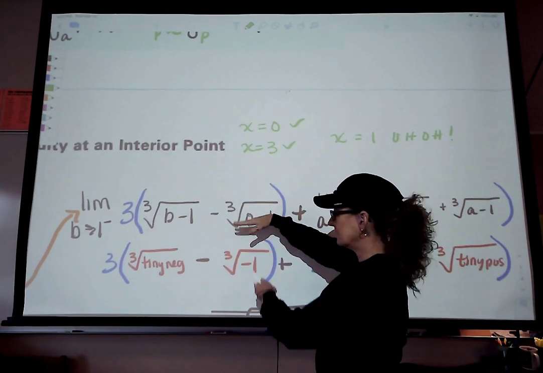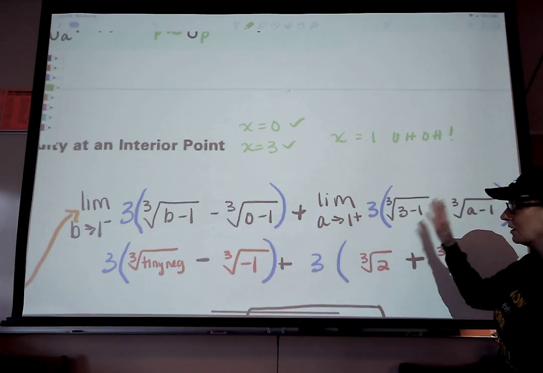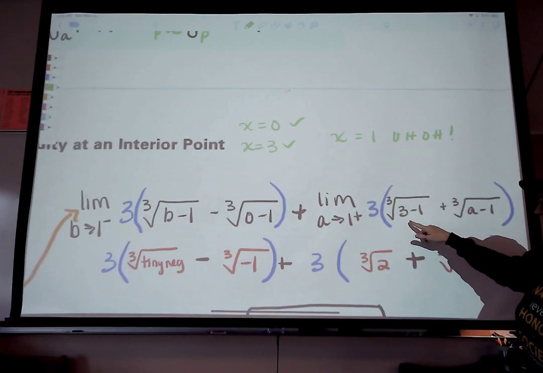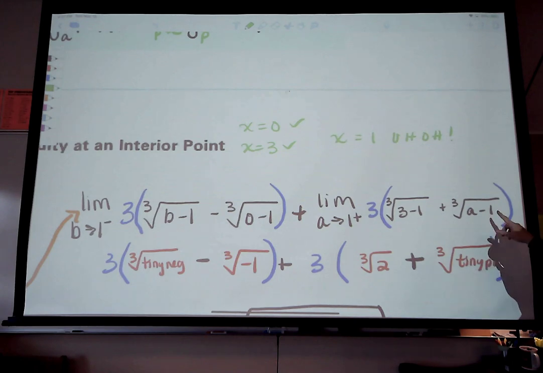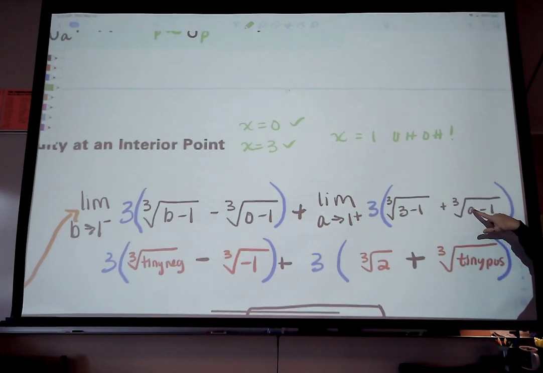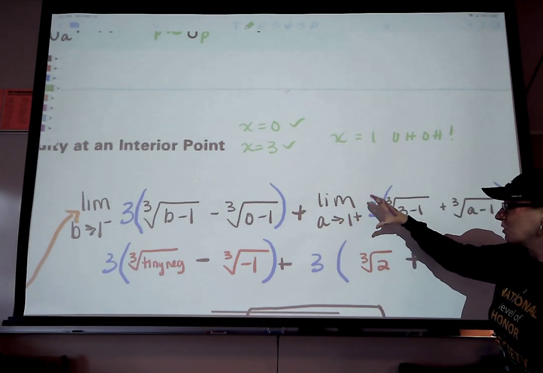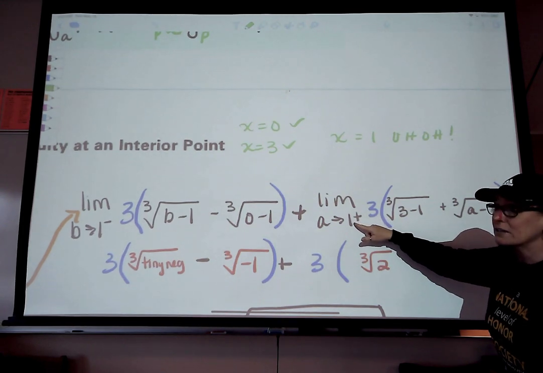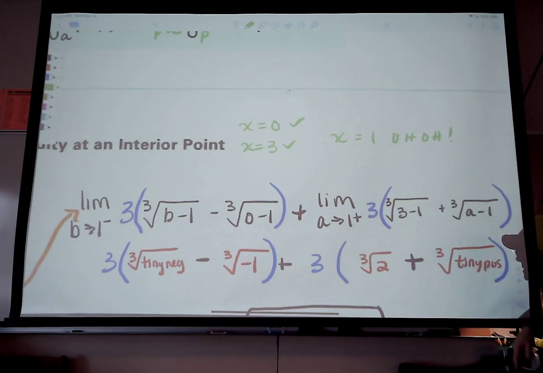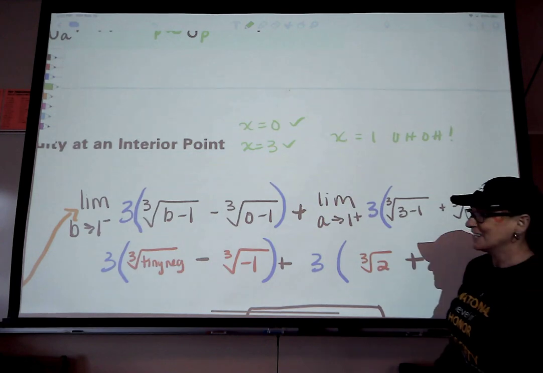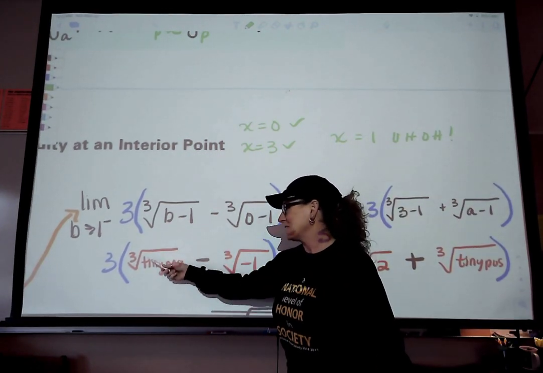Oh, I did it. Yes, that has nothing to do with B. Whew, space there for a minute. Sub that in, get a value for that. And as A approaches 1 from the upper side, so like 1.0001, this becomes a tiny positive. So, this is headed toward 0.